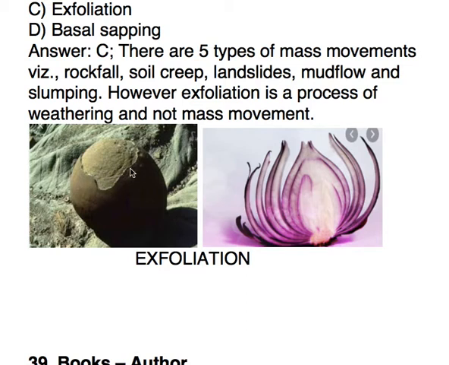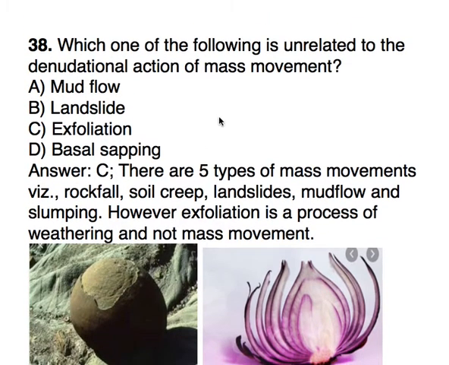We can imagine an onion, where the first layer has been eroded due to contraction and expansion. That is called exfoliation. So the question is about what is unrelated to the denudational action of mass movement, that is exfoliation, although mud flow, landslides and basal sapping are related to mass movement.